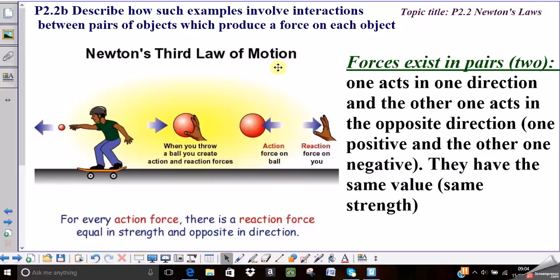So Newton's third law of motion, for example, we have this child on a skateboard and he has a ball in his hand. When he's throwing the ball forward, you're acting with a force in order for this ball to move forward.